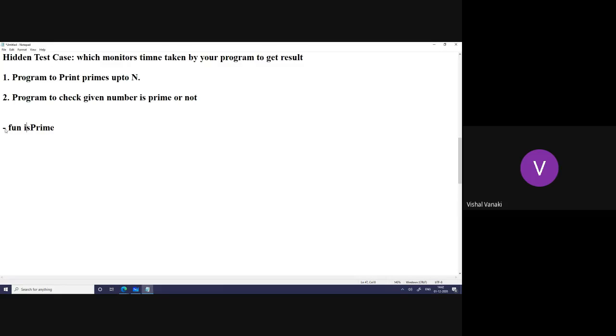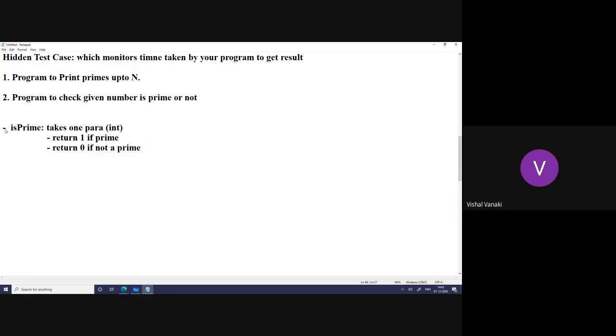The function name is isPrime. It takes one parameter which is of type integer. It will return 1 if prime, and return 0 if not a prime.